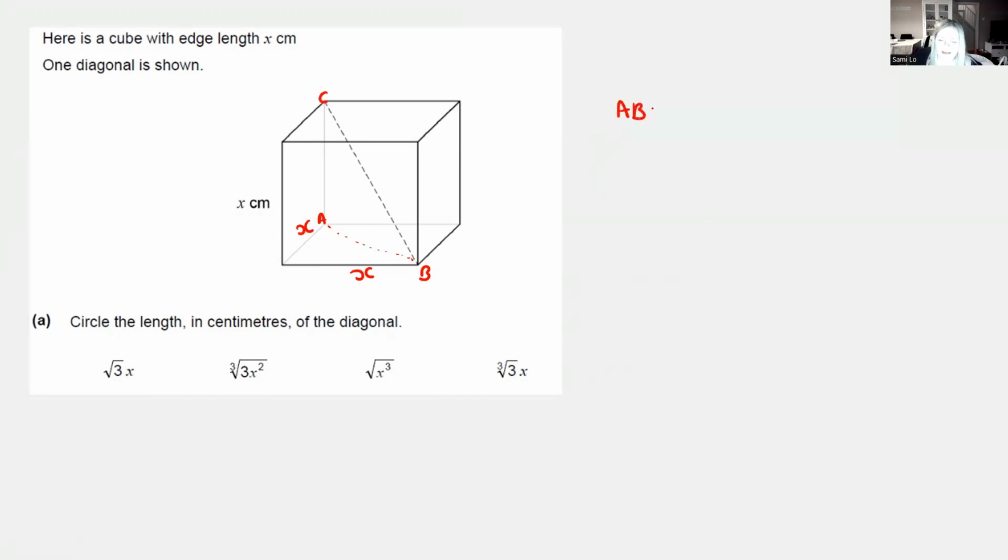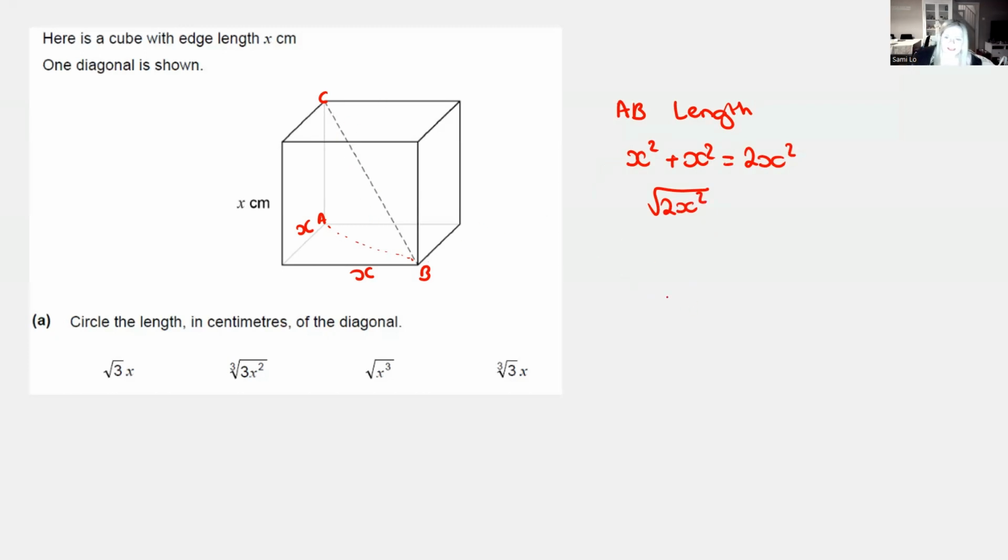So AB length would be x squared plus x squared. So that gives us 2x squared. So the square root of 2x squared.